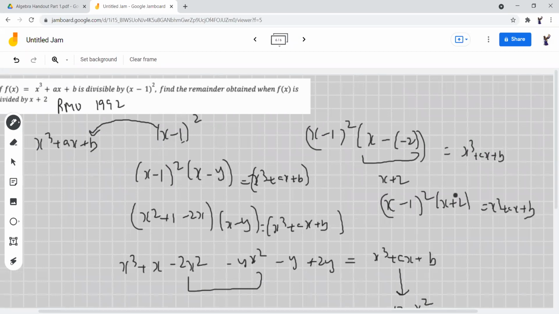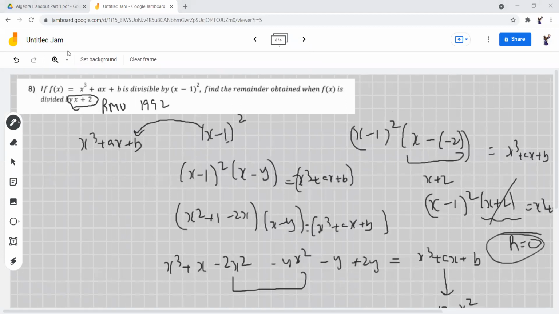So now they're asking us to find the remainder when we divide this equation by x plus 2. Because x plus 2 is a factor, when you divide it by x plus 2, this gets cancelled and we get remainder equals 0. That's it, guys. You can have a look at this question.